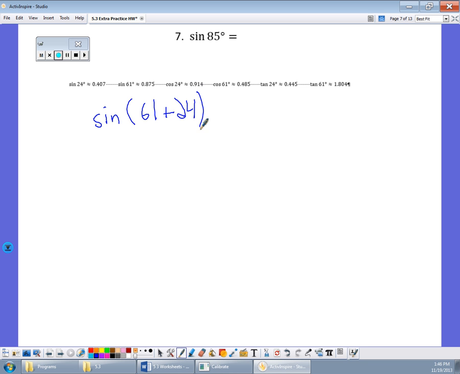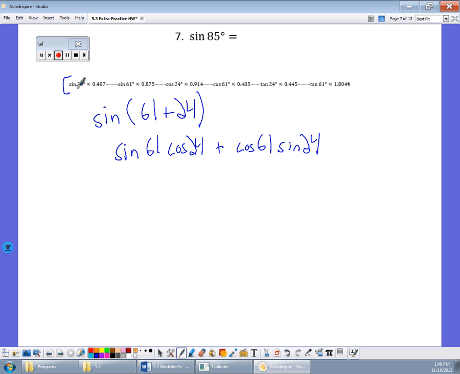So remember, with this, we always have to do the sum and difference. So we're just going to plug that into our sum and difference formula. So we get sine 61 cosine 24 plus cosine 61 sine 24. And those values are given to us right here.